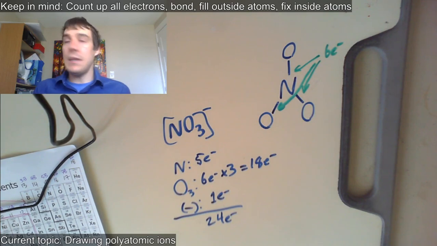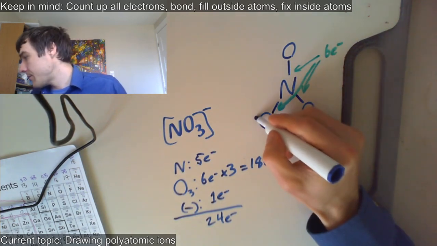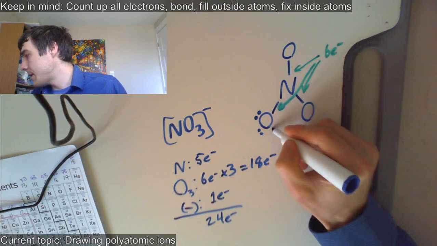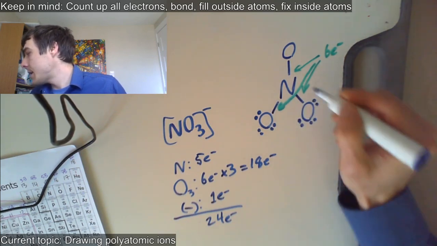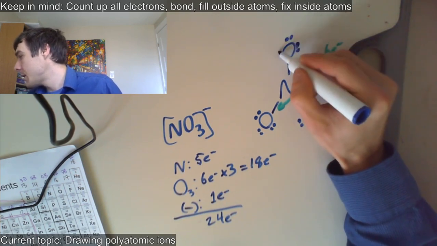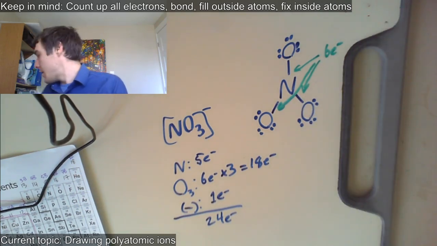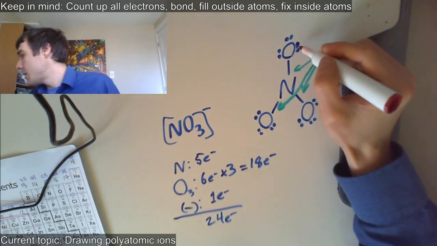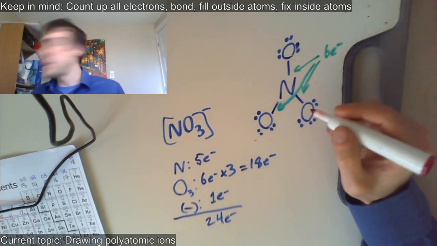Then the next step is to make the outside atoms happy. They've got the higher electronegativity here, so they're going to like the electrons more. So what we do is we just fill in the outside atoms. If we've used 6 electrons, that means we still have 18 left. So we actually have enough to fill up all of those. Each pair of electrons here is 1, 2, 3, 4, 5, 6, 7, 8, 9. 9 times 2 is 18.